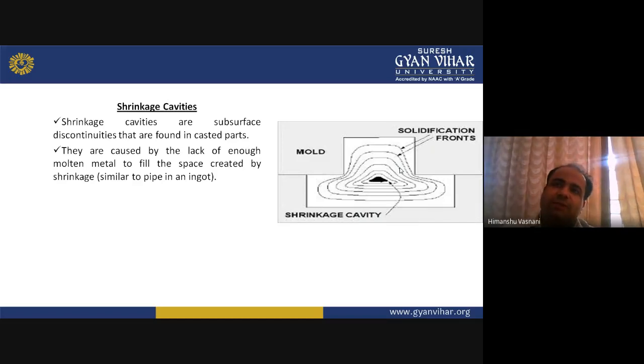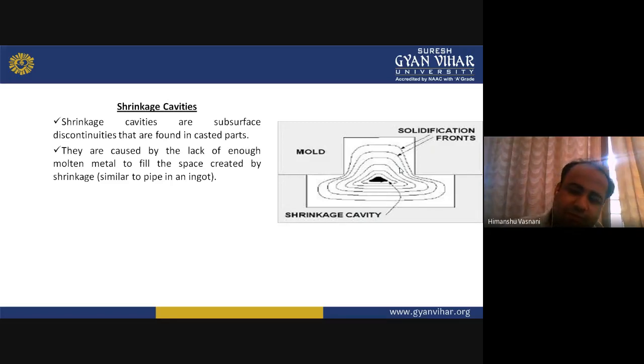Like pipe also, the material gets adjusted inside the cavity and on the top a pipe comes. So this is due to some negligence while casting. Here also the cavities are found due to lack of enough molten metal that could have filled the space inside the cavity.